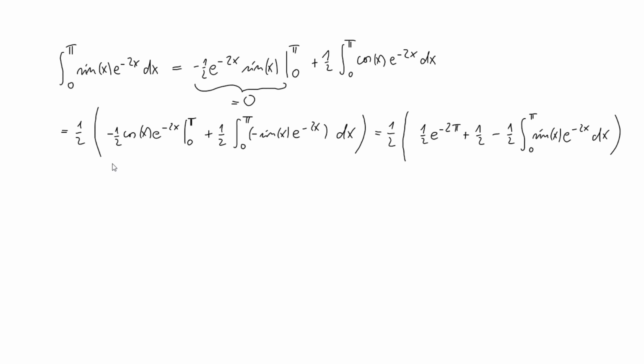So now we simplify the term by just resolving the parentheses, and what we get is 1/4 times e to the minus 2 times pi plus 1/4 minus 1/4 times the integral from 0 to pi over sine of x times e to the minus 2 times x dx.